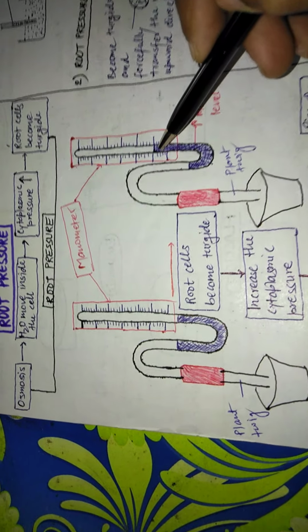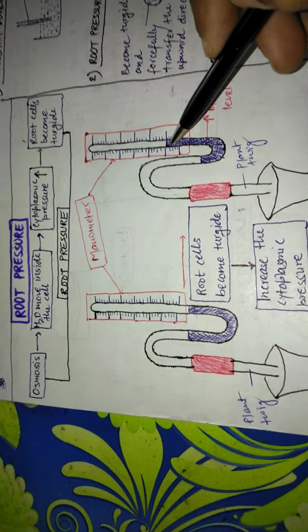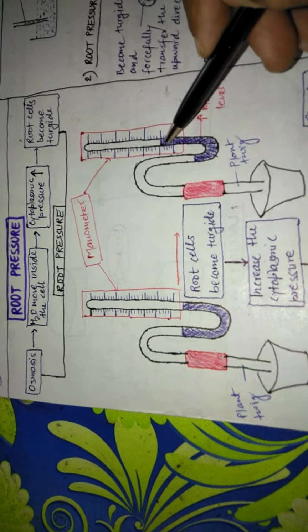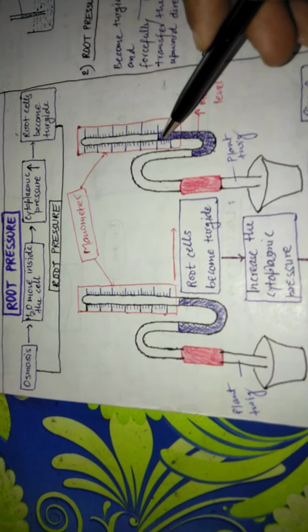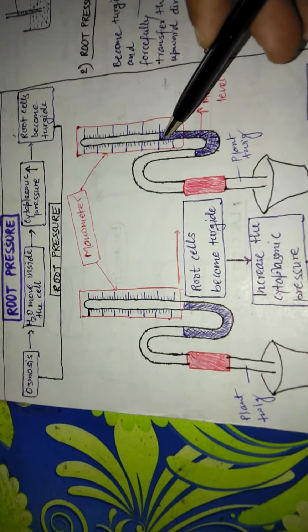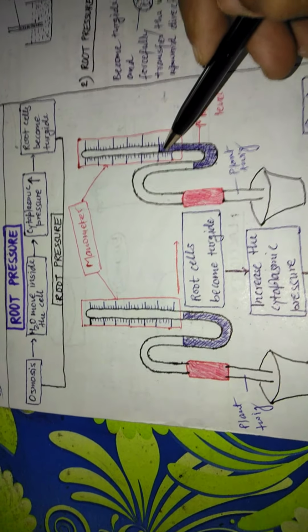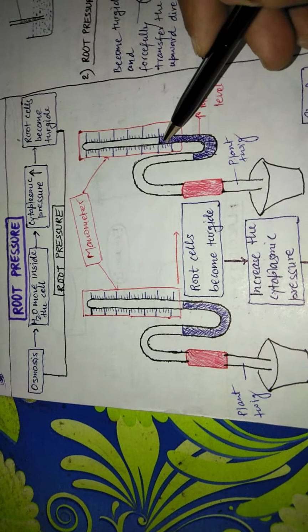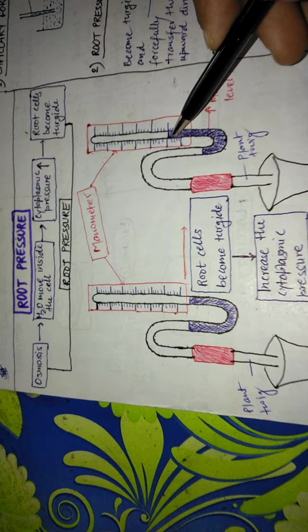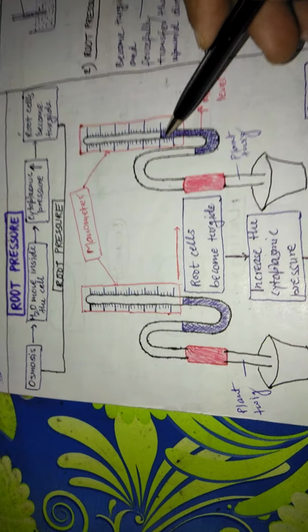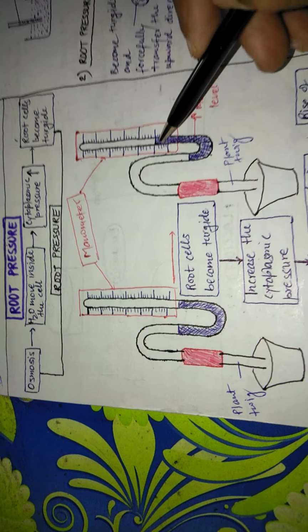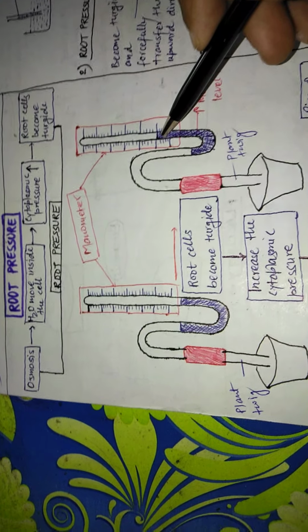The pressure which is mainly generated inside the root hair cells is known as root pressure, and it mainly helps in the absorption and transportation of water towards the central region of the plant, and after that it helps in the ascent of sap in the upward direction. So this is the whole of root pressure. Thank you.